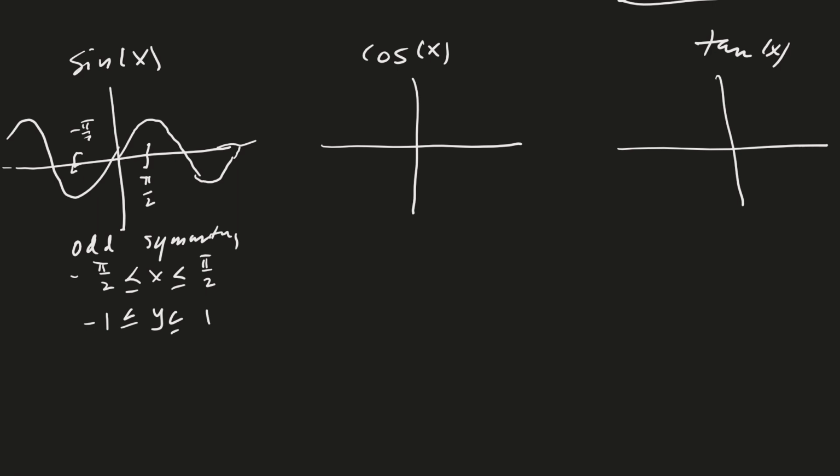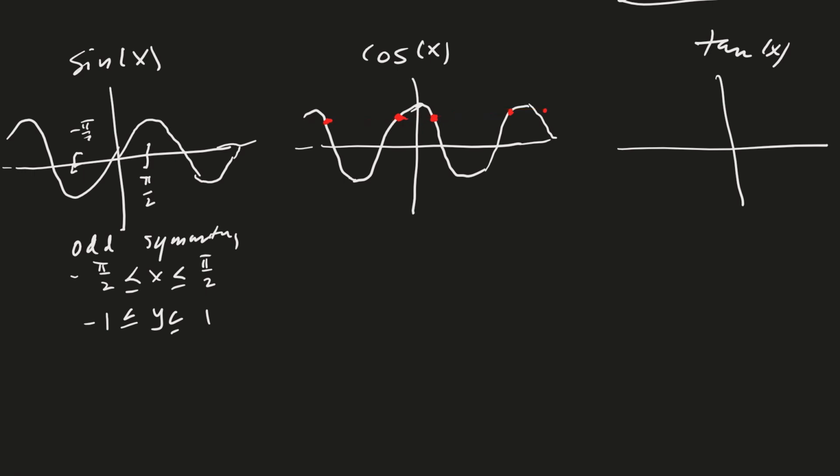So similarly, cosine starts at 1 and comes down, and it repeats itself like that. Okay, and again, this is not one-to-one, right? Because I could draw a horizontal line there, and I would have lots of intersections. So that's not one-to-one.